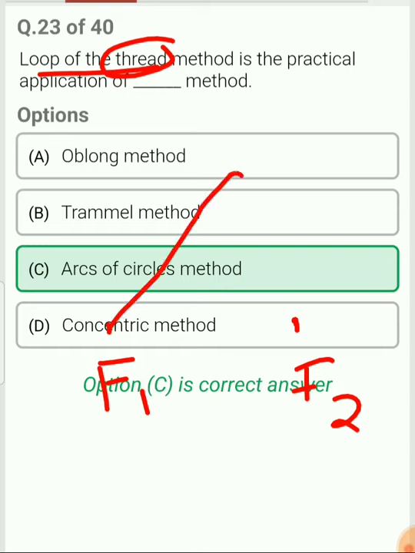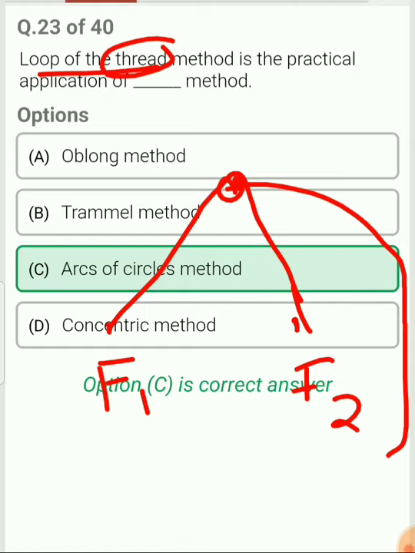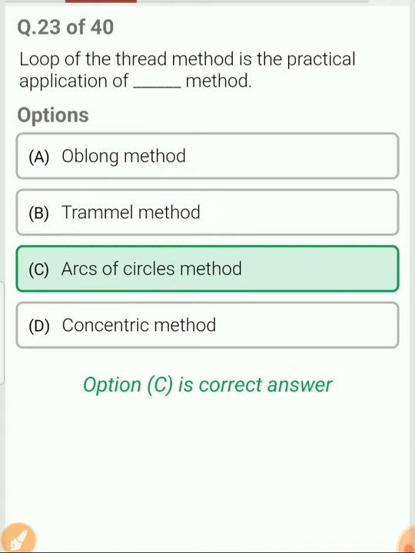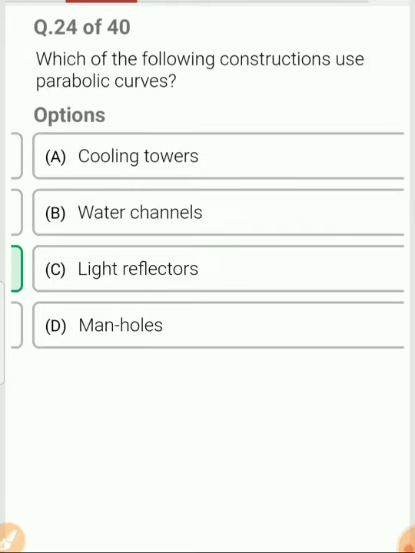Let's say that the string or thread is like this. There is a pencil over here. And if we revolve the pencil, and these are the two strings, then you will get an ellipse, right? So this is similar to what? It is similar to the arc of circle method, right? So you need to remember that the loop of thread method is the practical application of the arc of circle method.